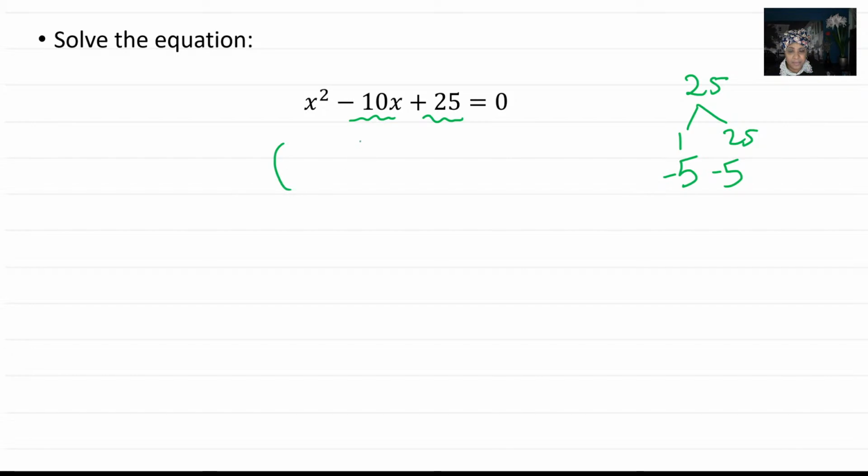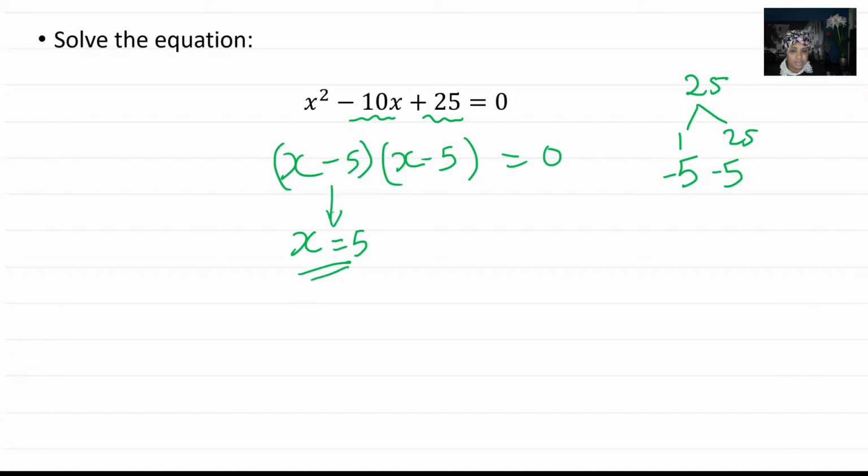So we open our brackets, okay? Make that equal to 0, and then x here and x here. So we got negative 5 and negative 5, and then we just solve. So x is equal to 5 on that one, and on the same one you got x equals 5. So now you've seen the graph.